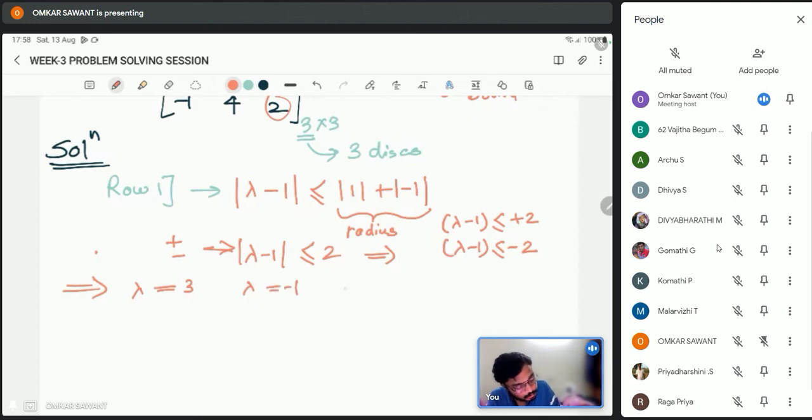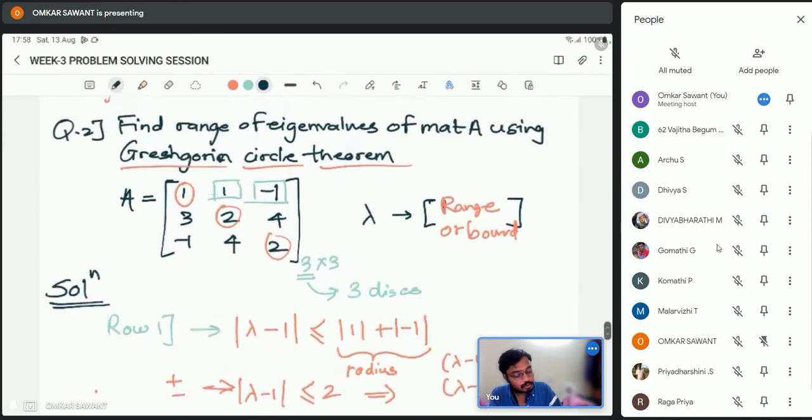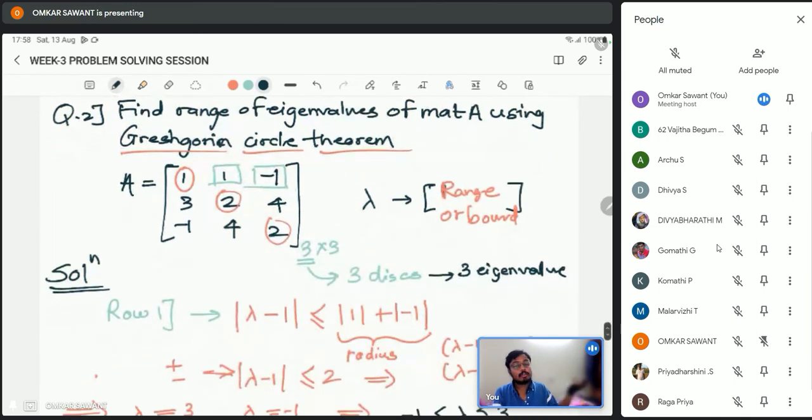So lambda will lie within -1 to 3. This is for one eigenvalue. Now we have 3 by 3, so there will be 3 eigenvalues, and the theorem says all 3 eigenvalues should lie within the union of the Gershgorin circles.